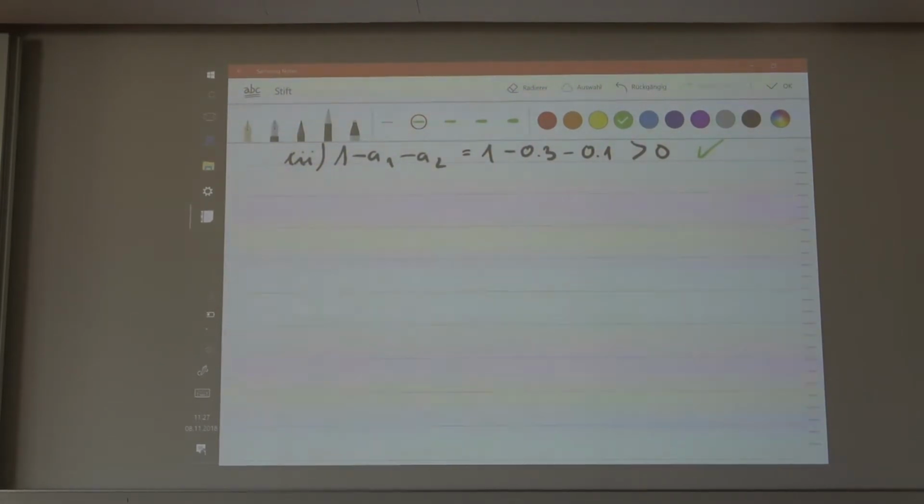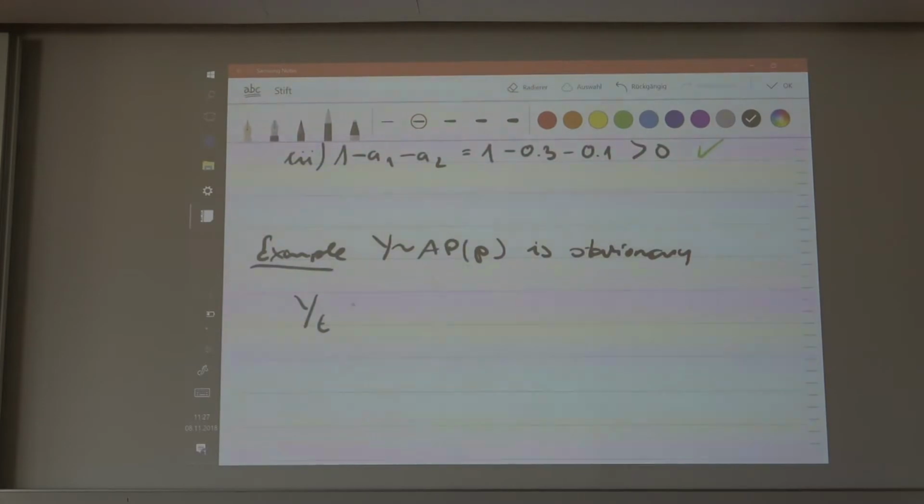Good. Any questions? Now, if an autoregressive process is stationary, then it is possible to represent the process as follows.